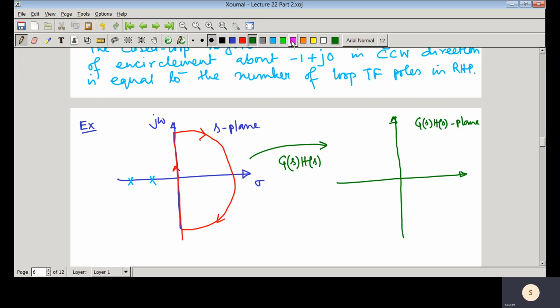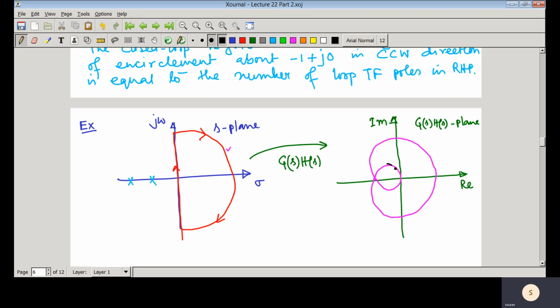So suppose we get a contour, that means if we map this Nyquist contour into G(s)H(s) plane, suppose we get a contour like this. So it is symmetric about that real axis. And it must have some direction.